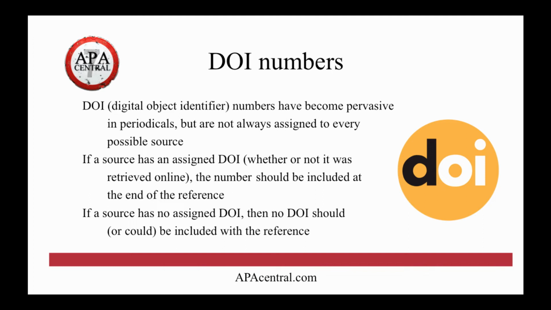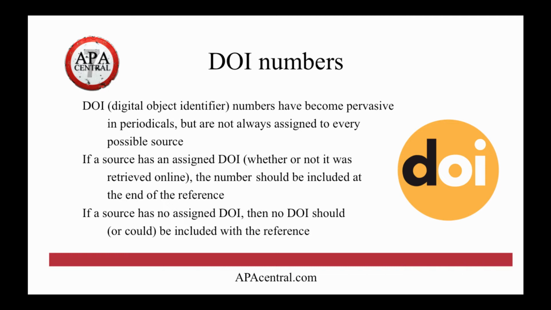Although its permanence, I don't know how long that'll last, but theoretically it's permanent. So if it has been assigned a DOI, then that should be included at the end of your reference. If a source has no assigned DOI, then really you can't include it in the reference.